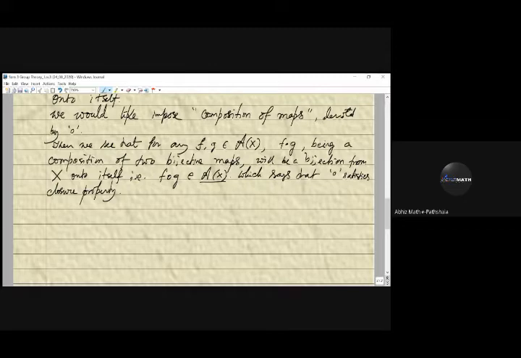Now we have already seen in the theory of functions that the composition of two maps, if they can be defined, will be associative, right? So it is known that composition is associative.